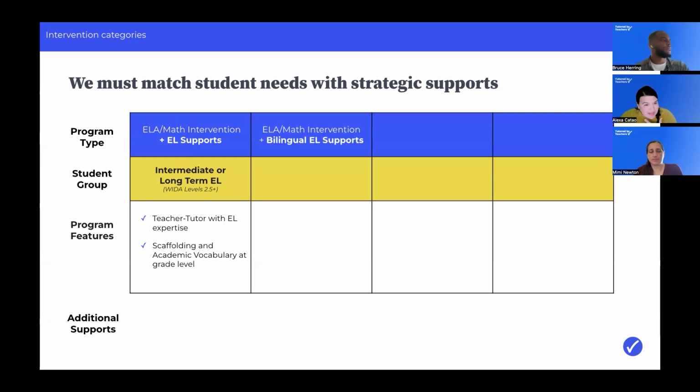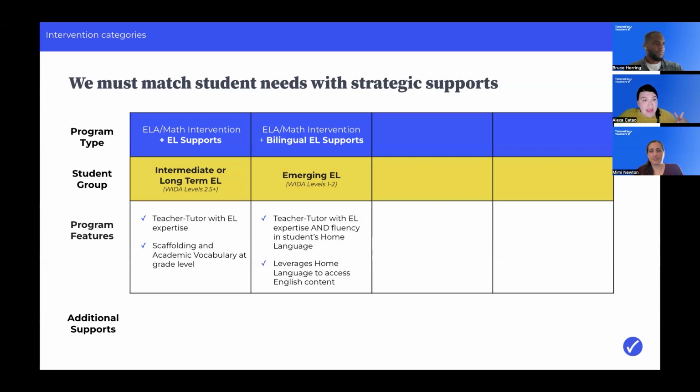Now, the next one is okay, everything I just said, but we also have a bilingual element. And this is really good for the students who, we can click next one, are at that level just below. They're in that emerging level, maybe like a level 2 on WIDA or the equivalent on a TELPAS or test like that. Where they're at that emerging level, maybe you still want them to have ELA and math outcomes, but you want them to have that bilingual support because they're still most comfortable in thinking and speaking in their native language.